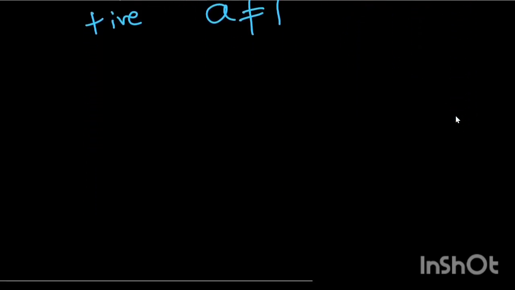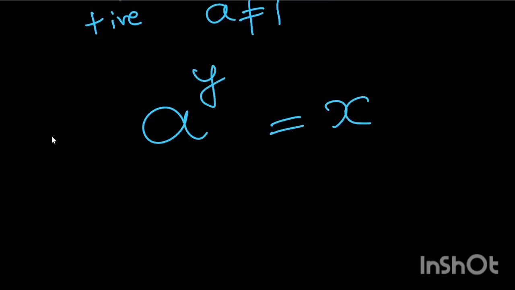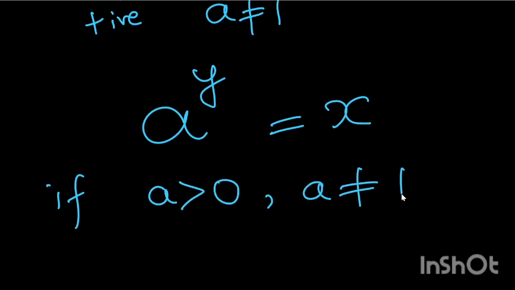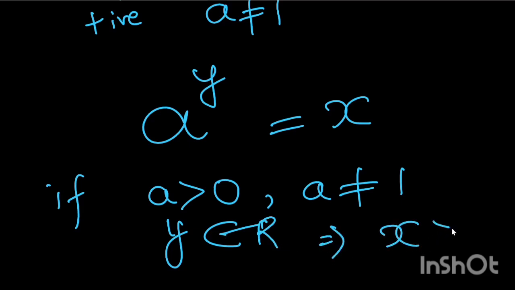So the relation a to the power y equal to x is like this. If a is positive and a is not equal to 1, and y is chosen to be a real number, it implies that x is what? x is positive.